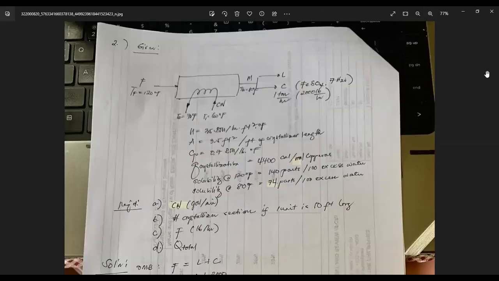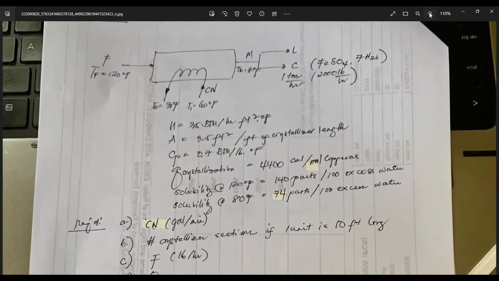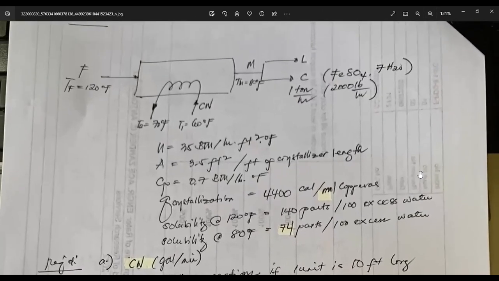In the case of your Swenson-Walker crystallizer, I hope you can see it. That's very big. Your feed is at 120 degrees Fahrenheit, and this is the temperature of the magma as it leaves the crystallizer, the process feed that is.